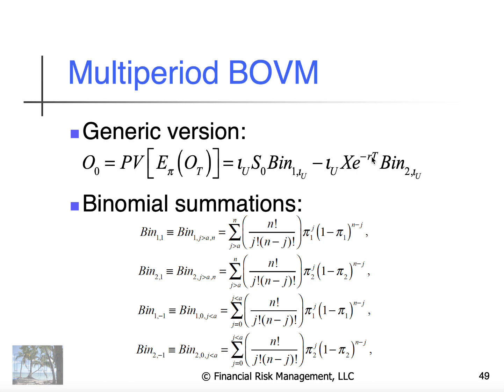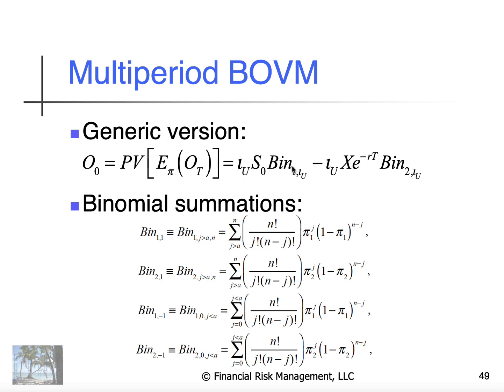So the multi-period binomial option valuation model can be written in this generic version where I can cover both calls and puts with the same function. The indicator function shows up in front of the first term, in front of the second term, excuse me, as well as in the particular functional form of these summations.